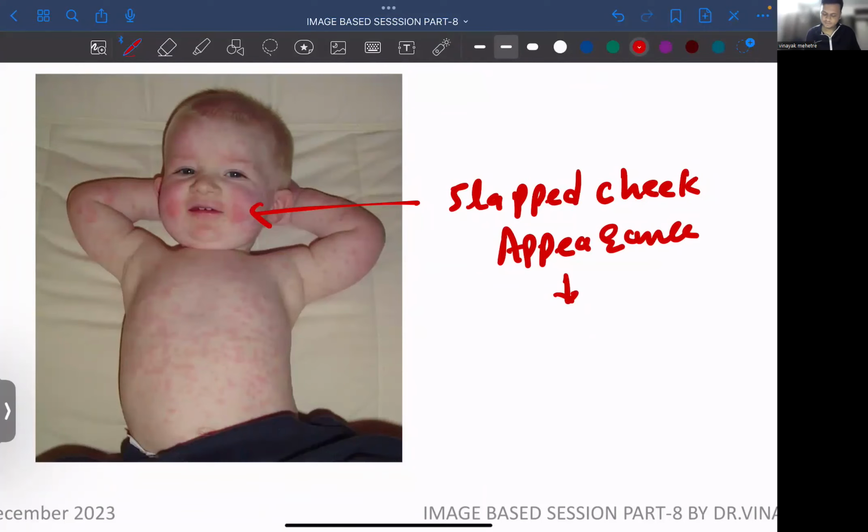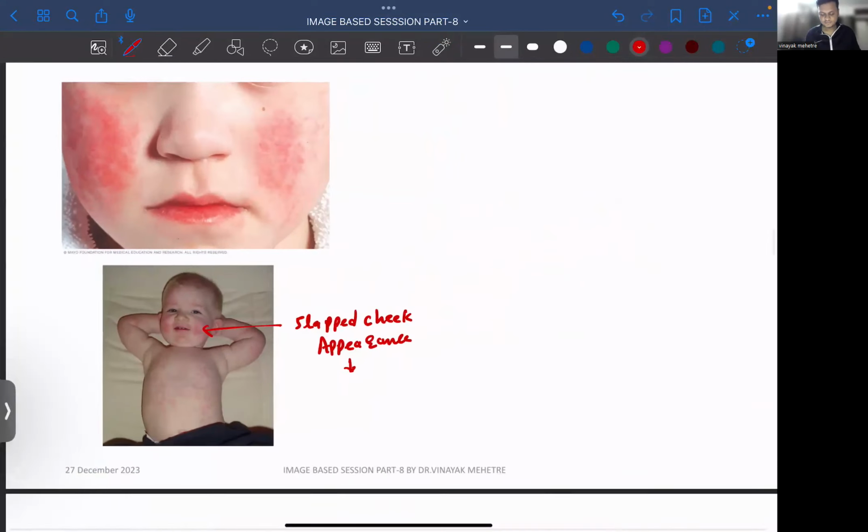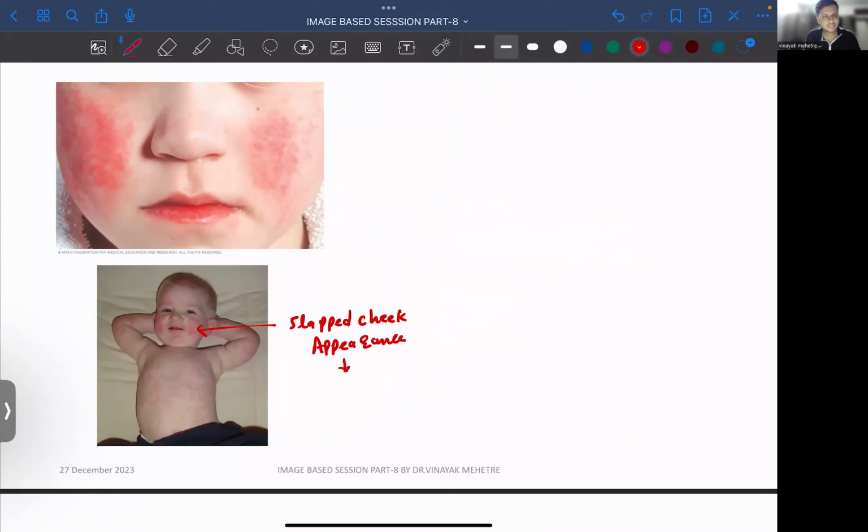Slapped cheek appearance is seen in parvovirus B19, right? Parvovirus is which disease?